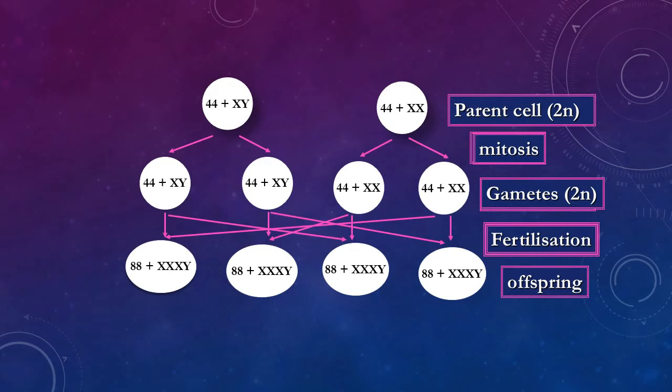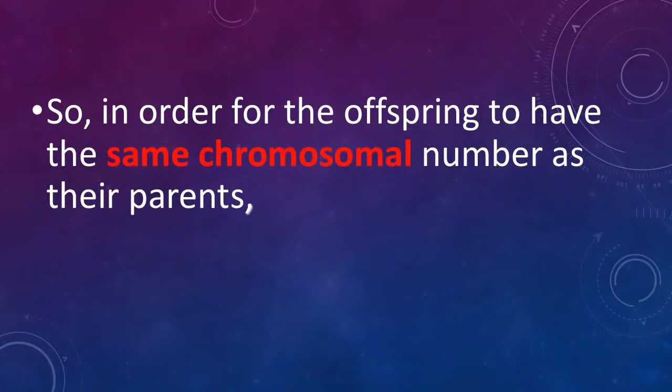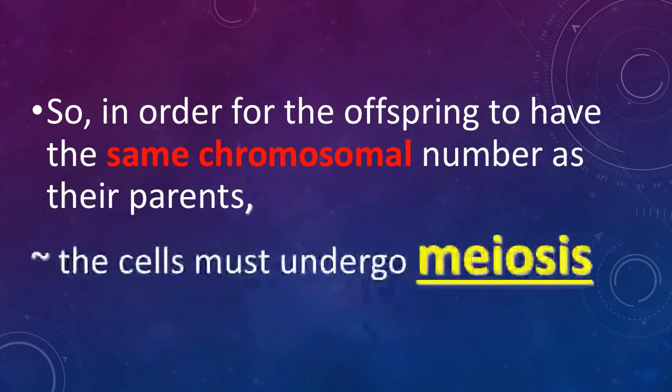But this does not occur because meiosis occurs to produce the haploid gamete, not mitosis. So in order for the offspring to have the same chromosomal number as their parents, the cell must undergo meiosis.